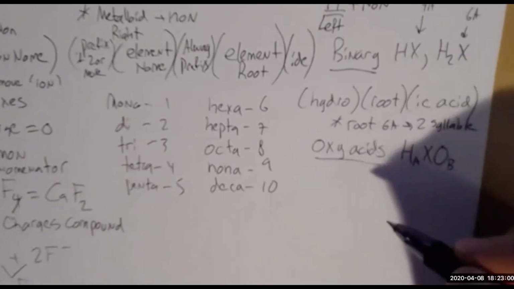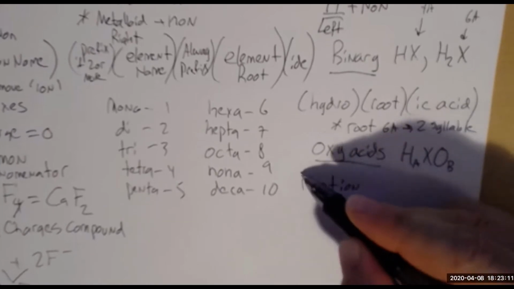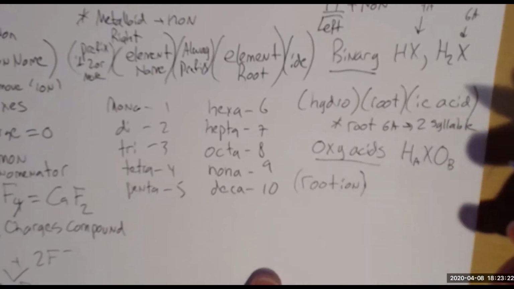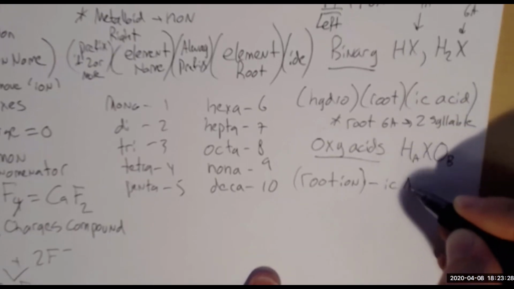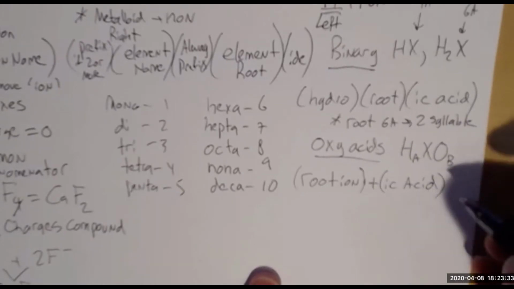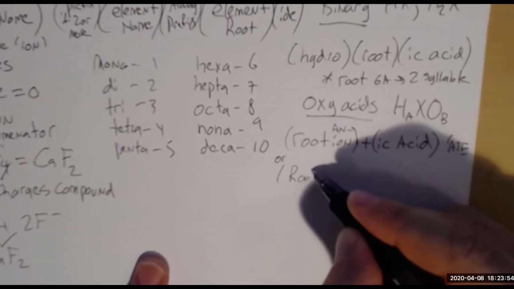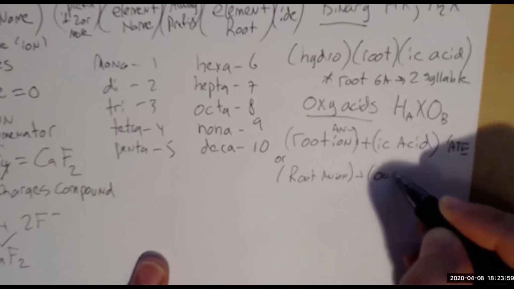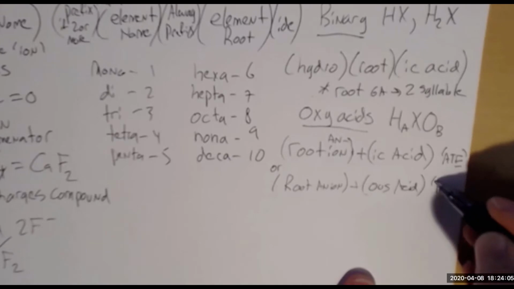For the oxyacids, take the root of the anion, which means you remove the ate, and then add ic acid if it came from an ate, or the root of the anion plus ous acid if it came from an ite.